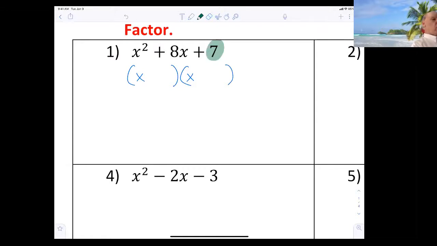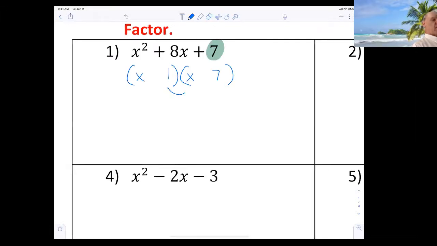So I put a 1 here and a 7 here. Now I want to make a what? 8. So how much is this guy right here? How much is this? So I can make 8 if they're both what? There you have it. You just did your first factoring problem.